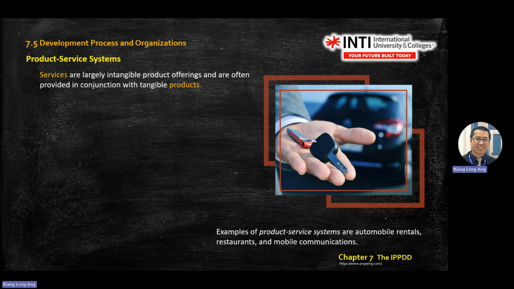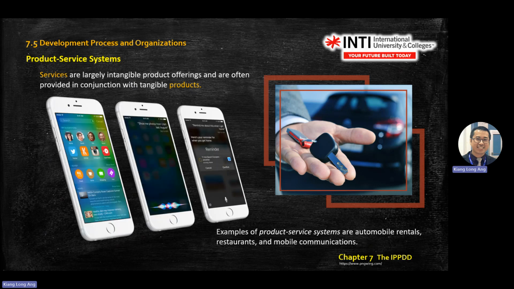You just key in your information, then you pay. You just walk to the car. You just click unlock on your phone. The car will unlock itself. Then the key is inside. It depends on the type of the car. Some cars you don't need a key, you just press start and it will start. So this one, product services.